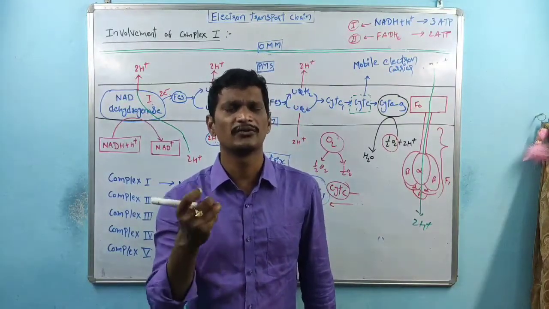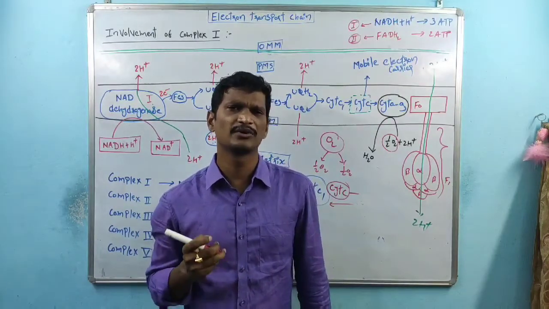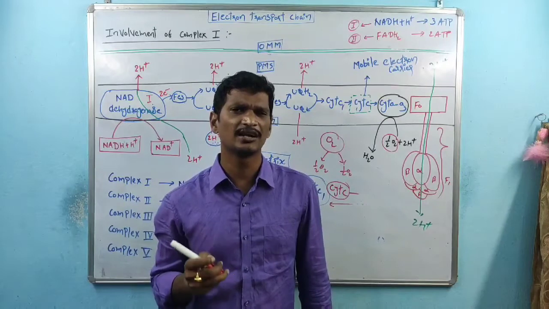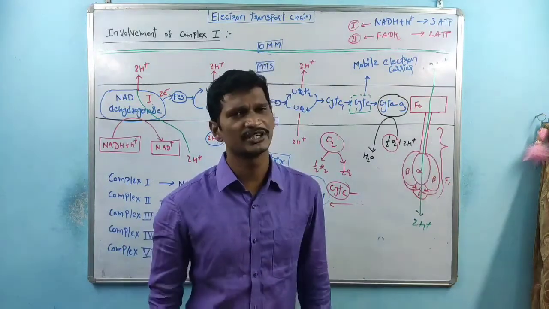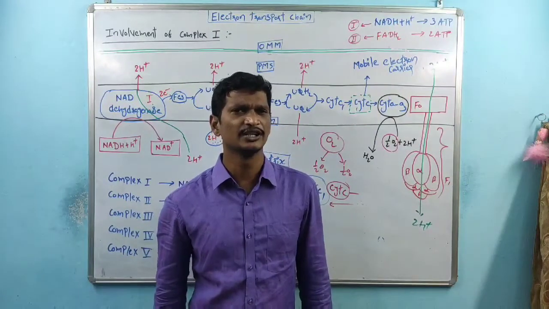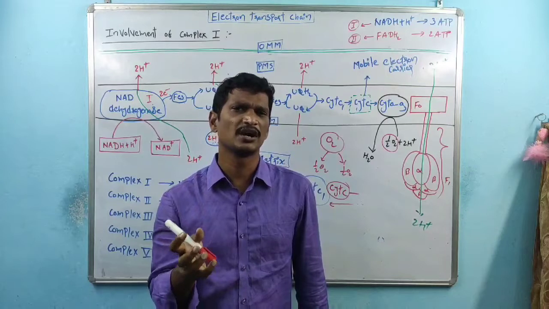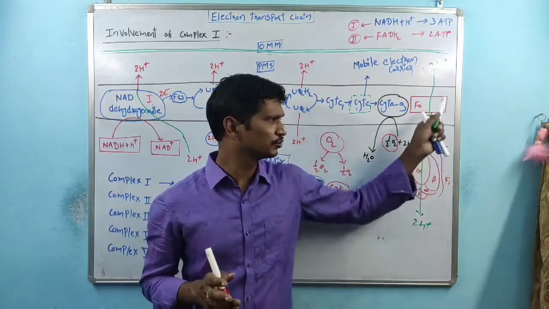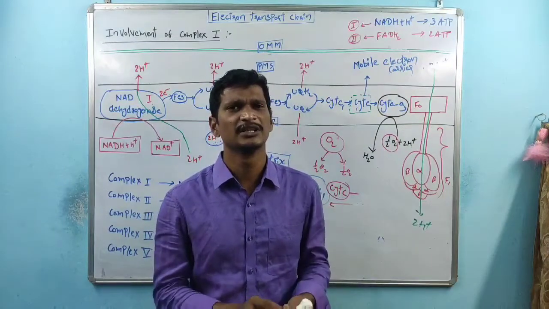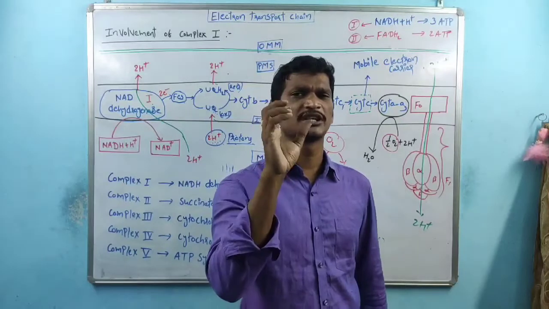These are also called F1 particles, also called oxysomes. Within the F1 particles, there are 3 alpha subunits and 3 beta subunits, and 1 gamma subunit. While the H plus ions move through the ATP synthase enzyme along the electrochemical gradient, the rotation of the head moiety occurs.